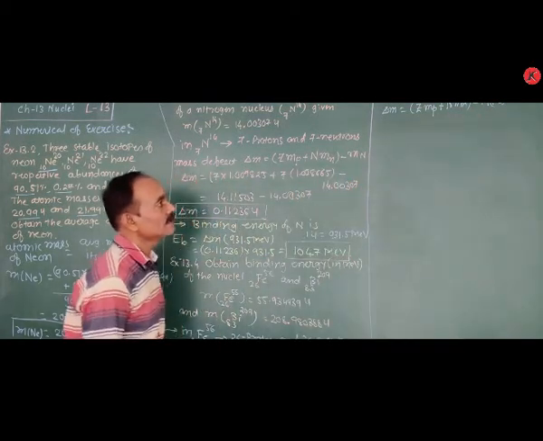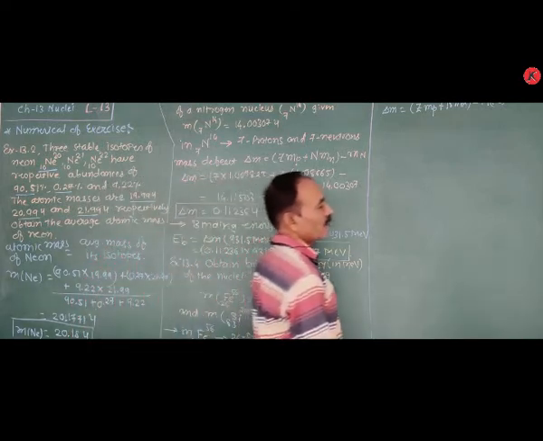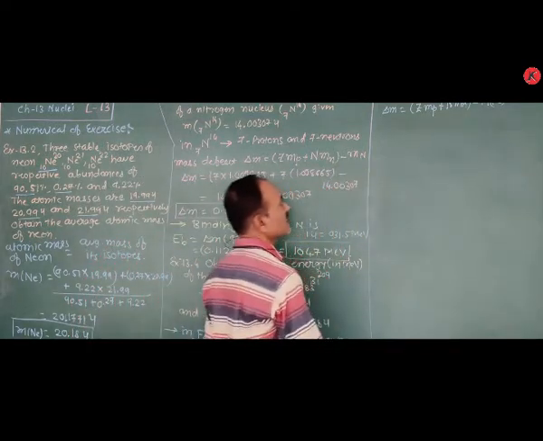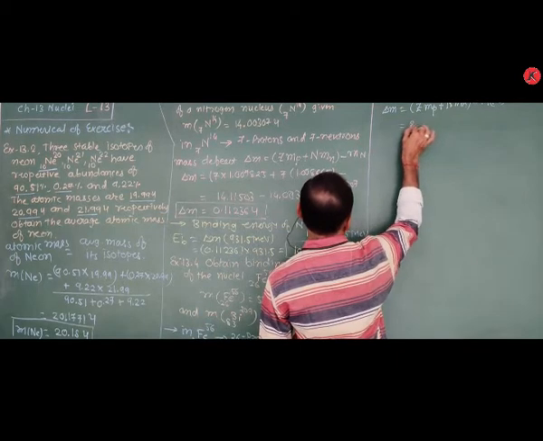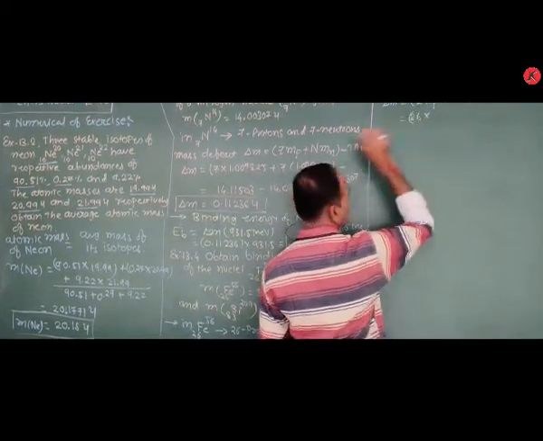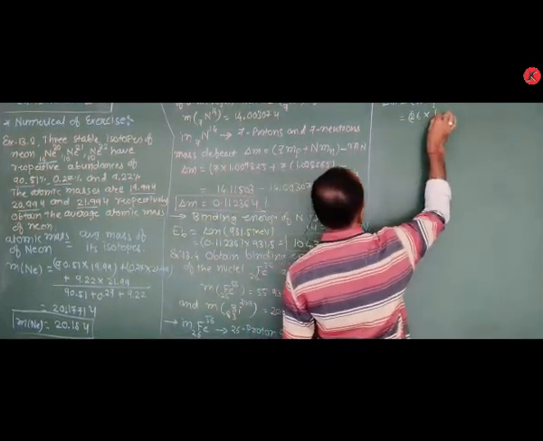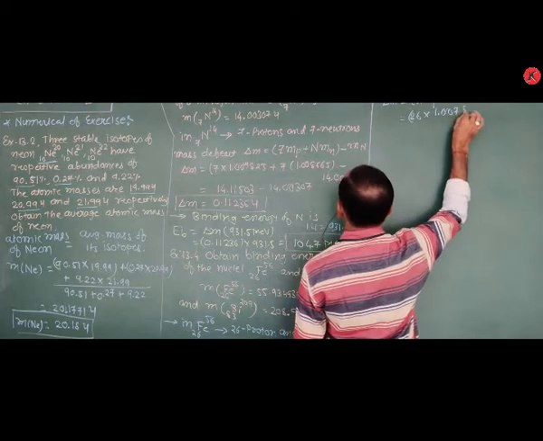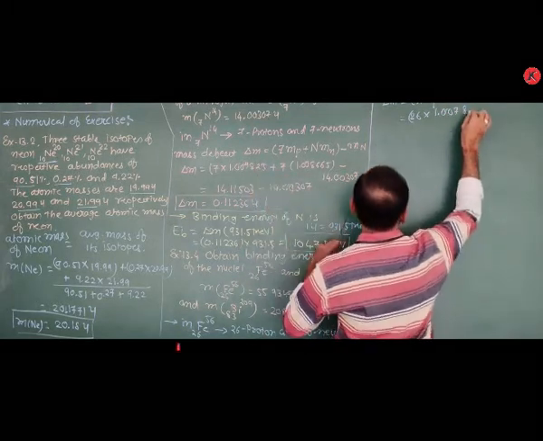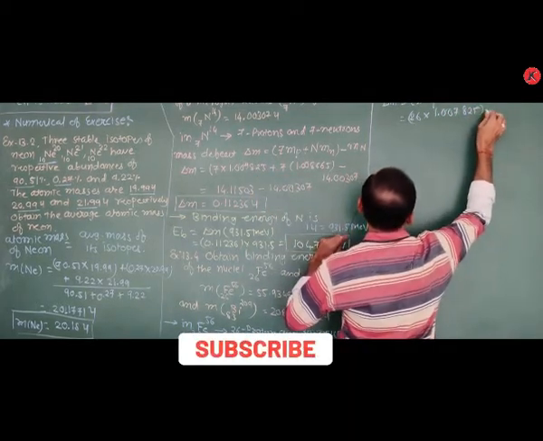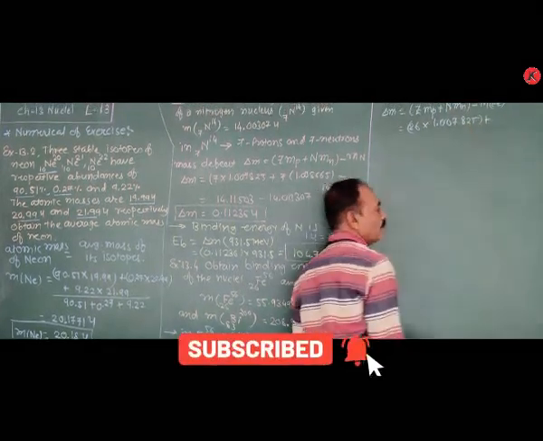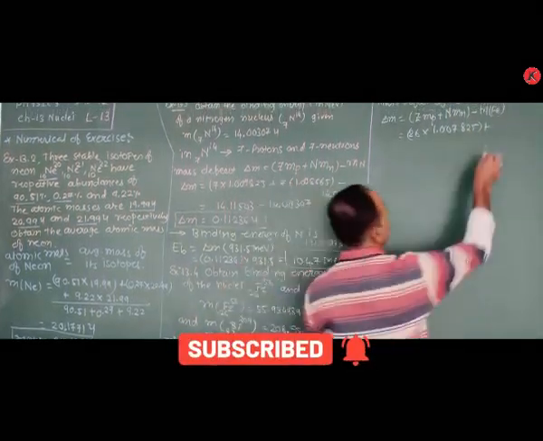nuclei. Now, the number of protons in Fe is 26. Therefore, 26 into mass of one proton, 1.007825, plus number of neutrons is 30.